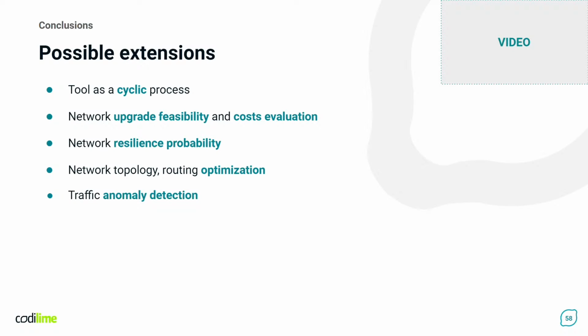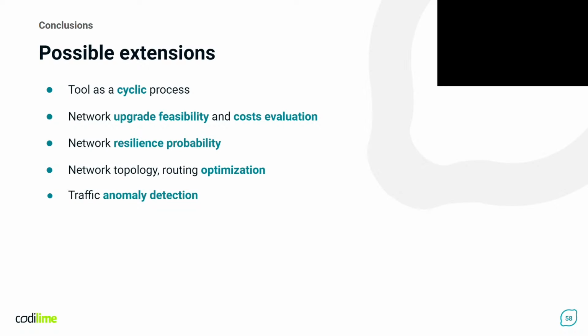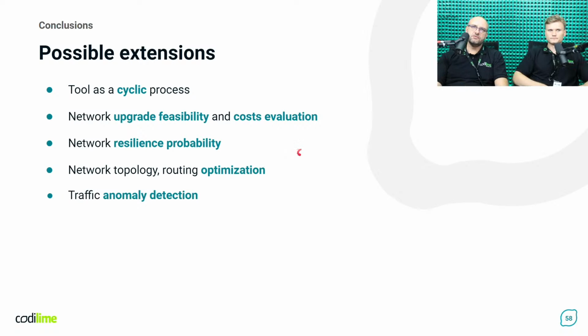It is quite easy to imagine that such a process could be run as a cyclic process, producing fresh results, for instance week by week, taking into account fresh data about the traffic and fresh information about the network configuration. In that way, we could have a kind of continuous system that is telling what is expected to happen in the future with our network.